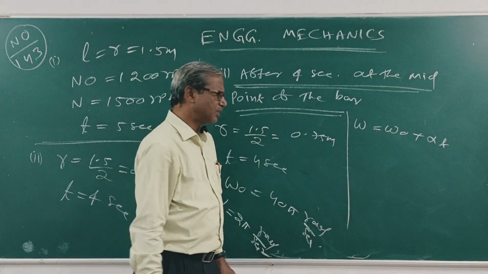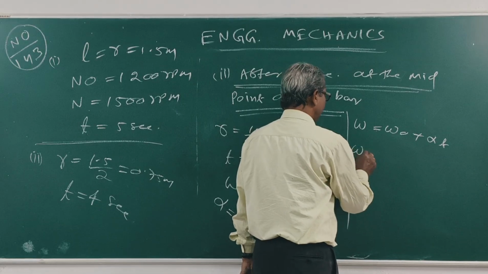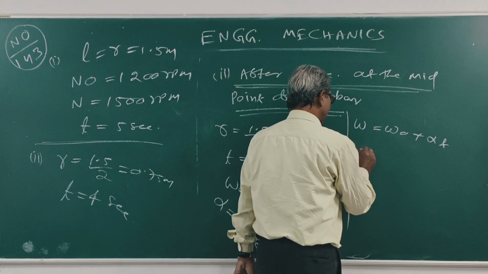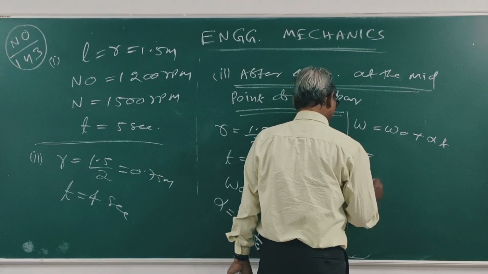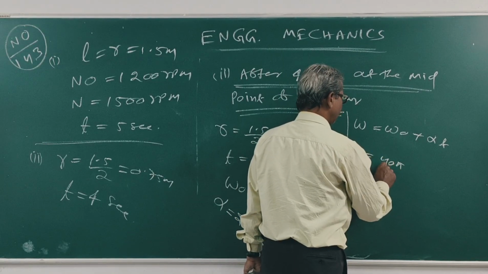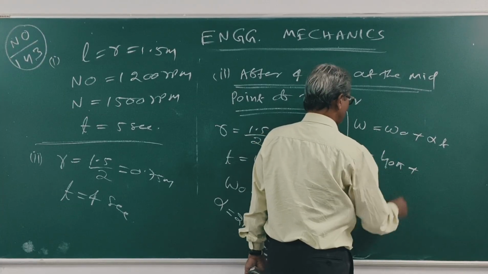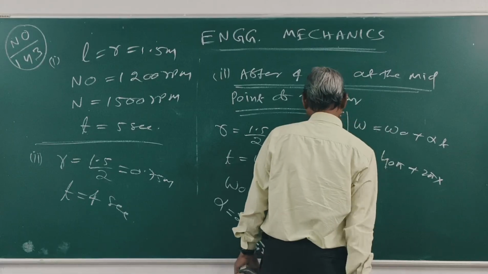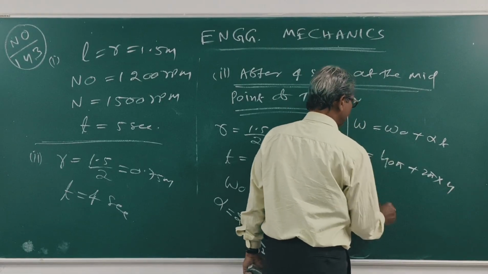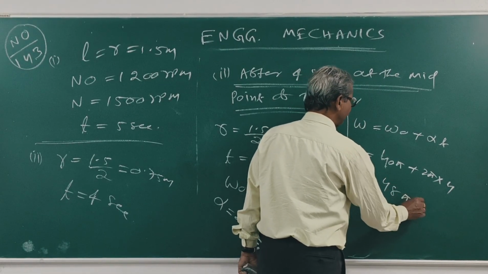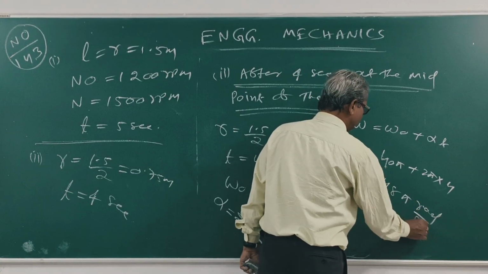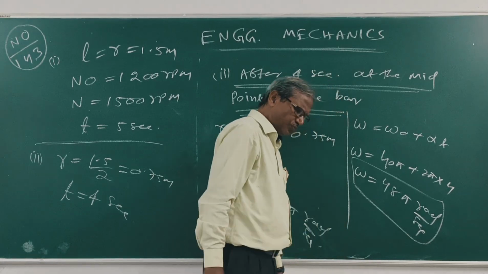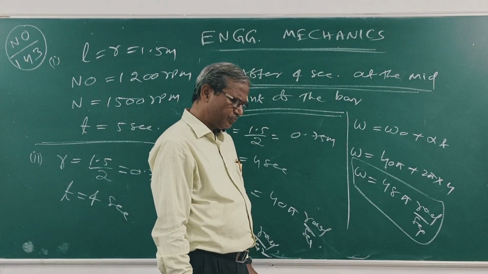So omega is equal to 40 pi plus 2 pi into 4, so 48 pi radian per second.